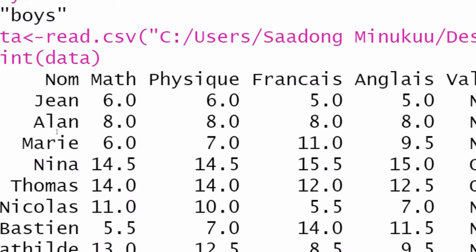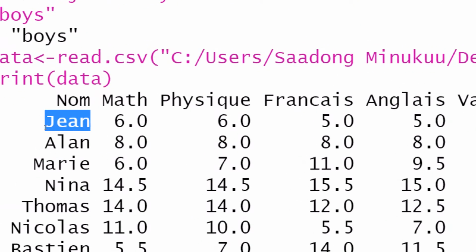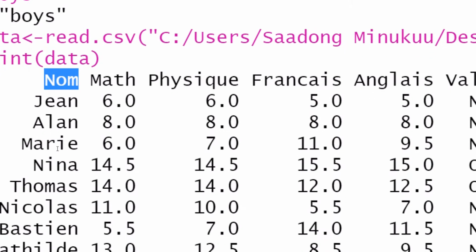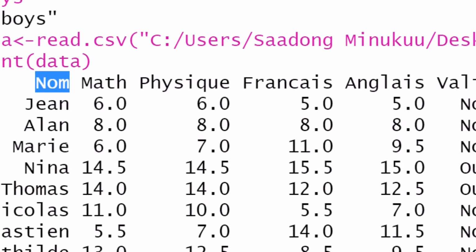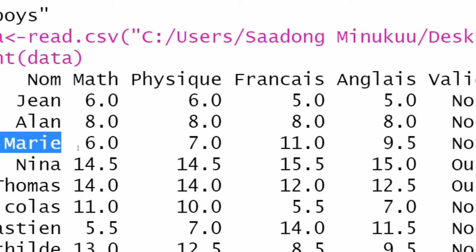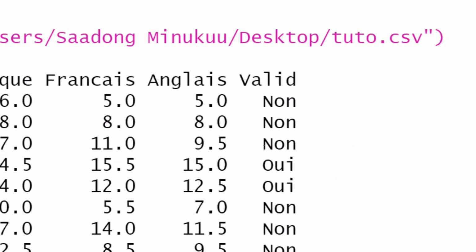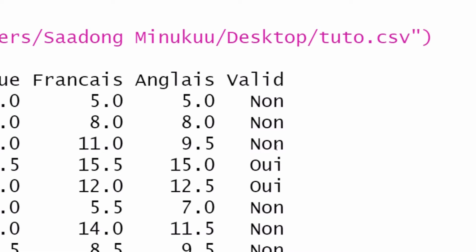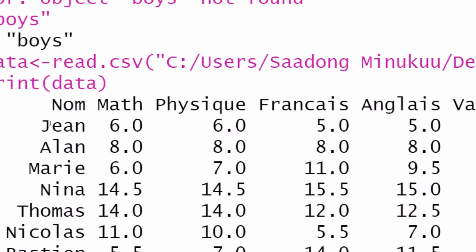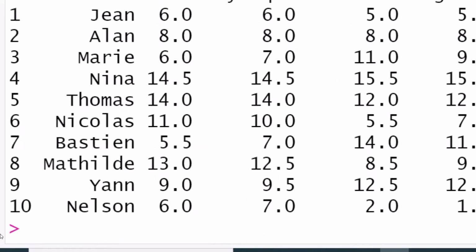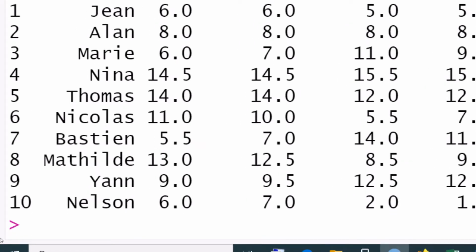You realize that the name of the student is a string, because these are words, but these are numeric, and these are also words, so these are also strings. By default, let me show you something. If I use the question mark or help command and write read.csv.